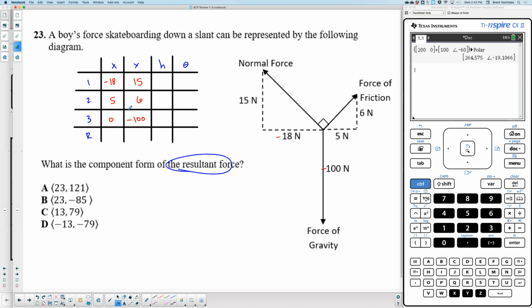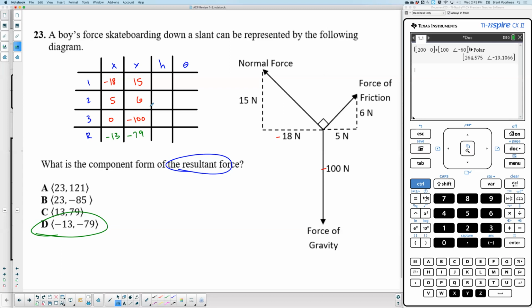And so now from here, you just add them up. What is negative 18 plus 5? Negative 13. So this one, it just said, what's the component form? That means the X and Y. If they wanted magnitude and direction, you could go to your calculator, press menu 7C4, but that's how you do that. Questions over that one?